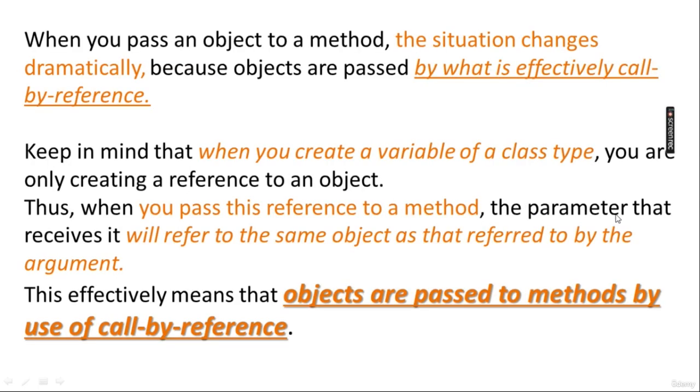When you pass an object to a method, the situation changes dramatically. Objects are passed by what is effectively called by reference. Called by reference means actual objects will be modified. Keep in mind that when you create a variable of class type, you are only creating a reference to an object.